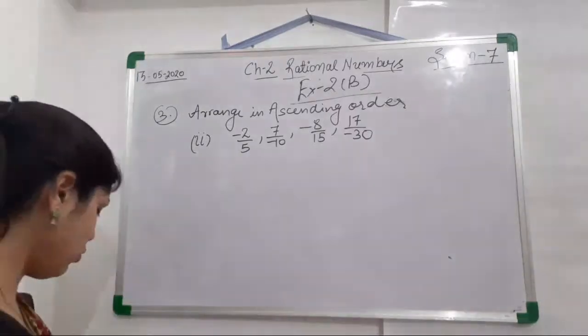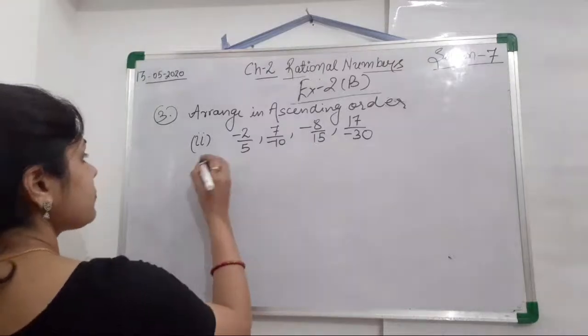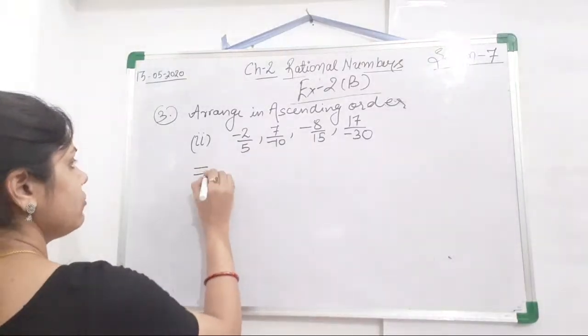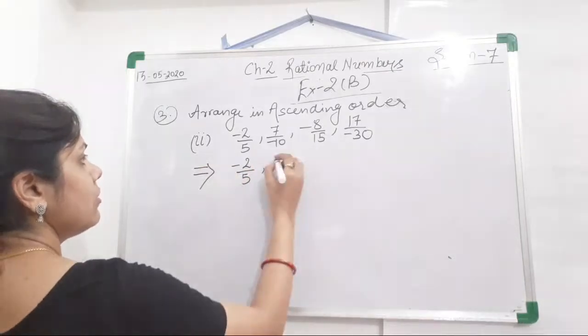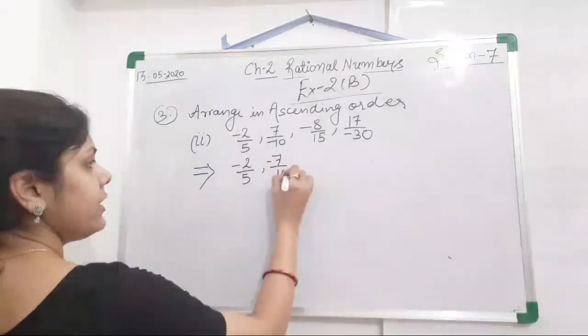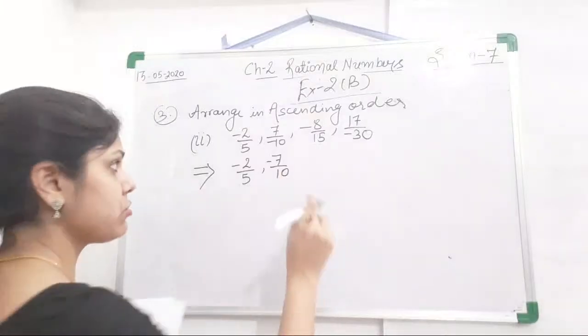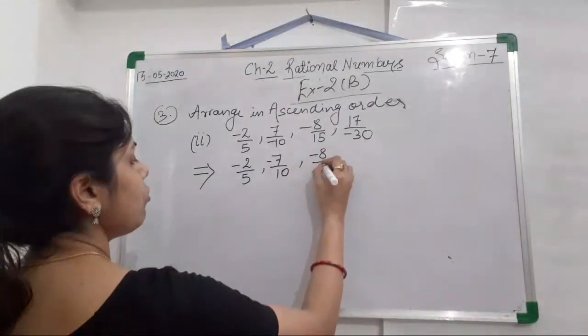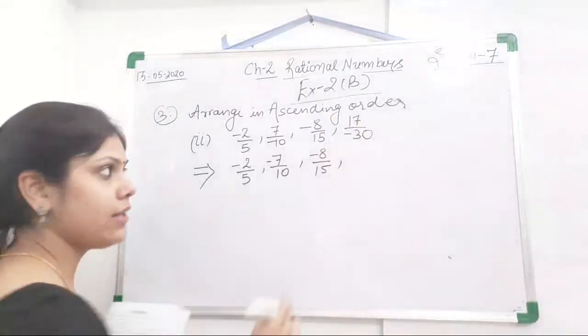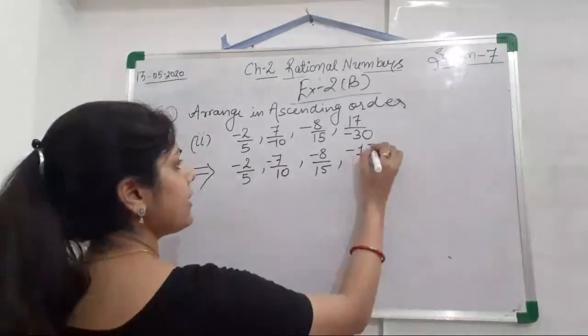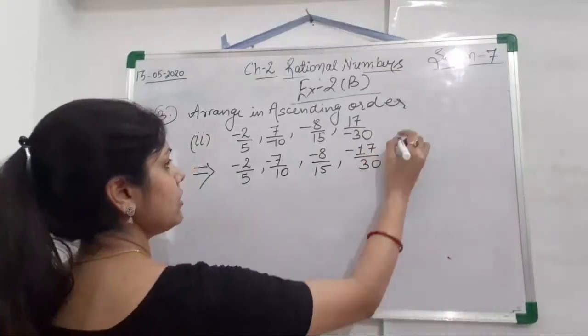So first we will make the denominators positive. This implies you can write minus 2 upon 5, minus 7 upon 10, minus 8 upon 15, and because in the denominator a negative sign is there, you can write it as minus 17 upon 30.